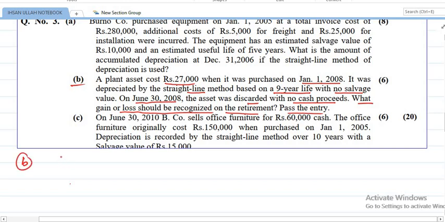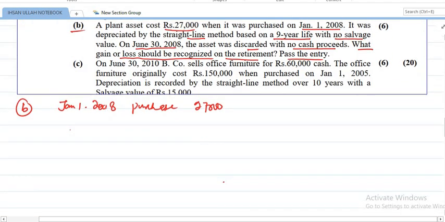First, we purchased the asset on 1st January 2008, and the cost was 27,000. The depreciation is straight line method and the useful life is 9 years. What will be the annual depreciation? First we have to calculate the annual depreciation. Annual depreciation is equal to cost less scrap value divided by estimated useful life.